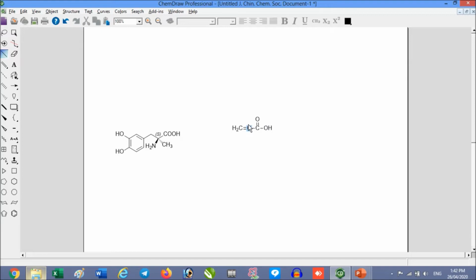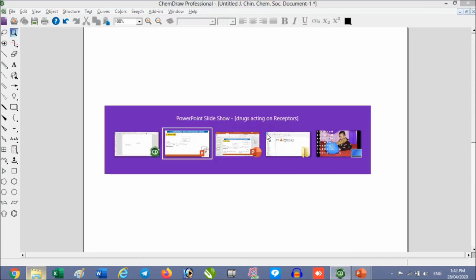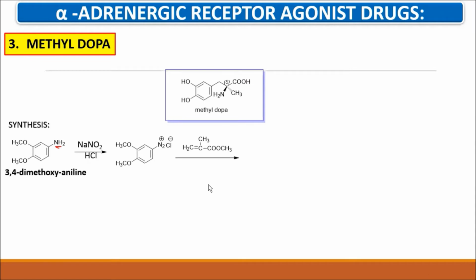Here this is called the second position or alpha position. At the alpha position we have a methyl group. This is called alpha methyl acrylic acid, and here in place of hydrogen there is a CH3 group, that is nothing but an ester. So the compound is alpha methyl acrylate.